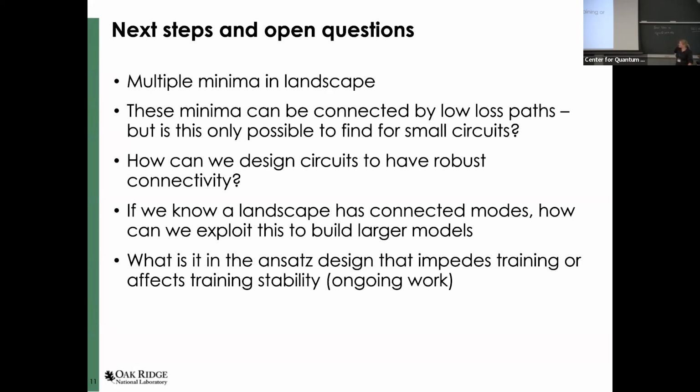We're hoping to leverage this in building larger models, first by just building ensembles of our parameterized circuit models as a start. And then connecting back also to robust circuit design. Is there anything in our ansatz design that may facilitate connectivity, or even worse, is there something that could impede it? That is ongoing work.